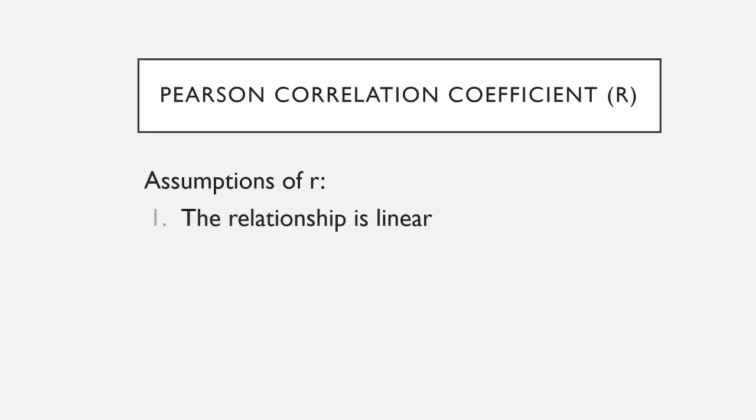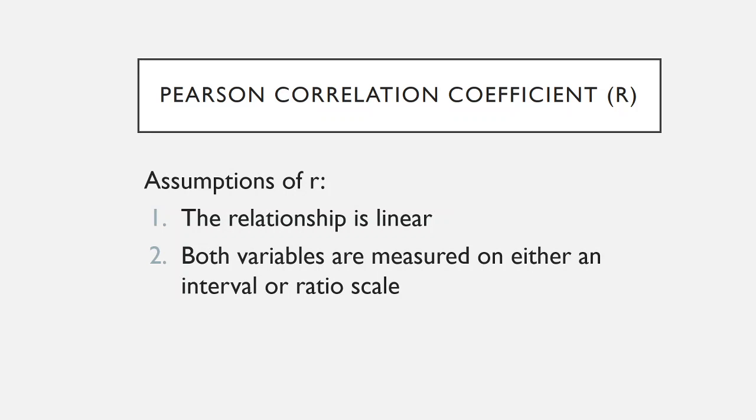So one, as I mentioned before, your variables should be related in a linear fashion. If your variables are related in a nonlinear fashion, it's not that you won't be able to run your Pearson's R, you'll still be able to do it. It's just that your Pearson's R is not going to accurately capture the relationship between your variables. So to properly use a Pearson's R, you need to ensure that the variables are related in a linear fashion.